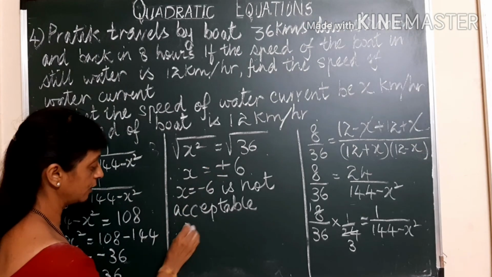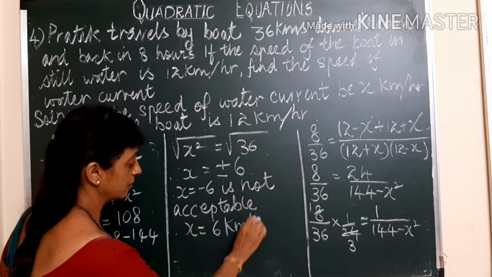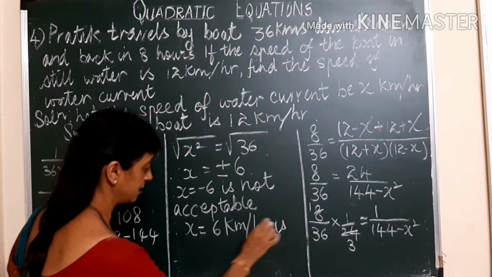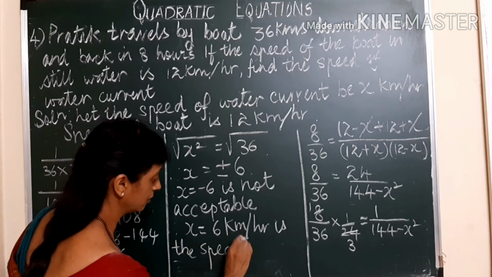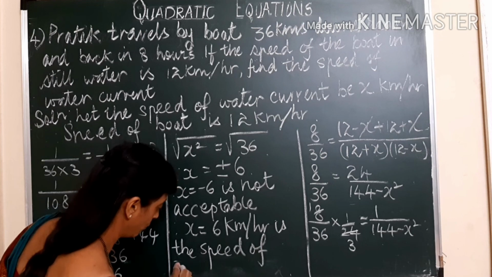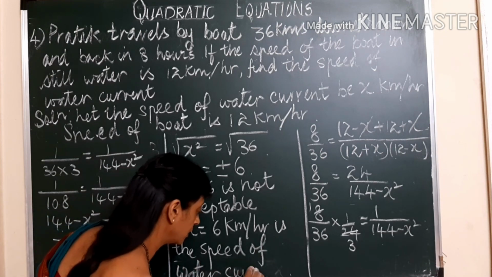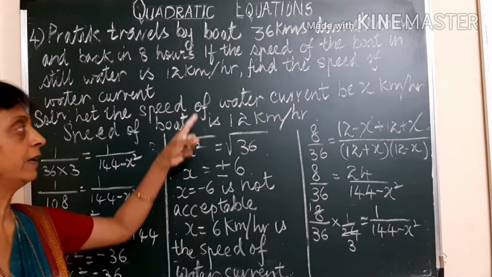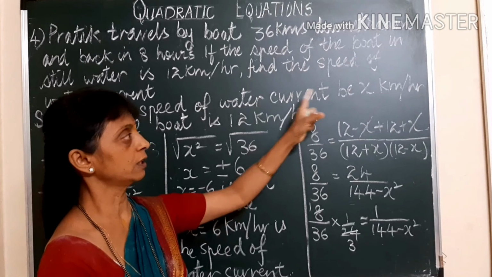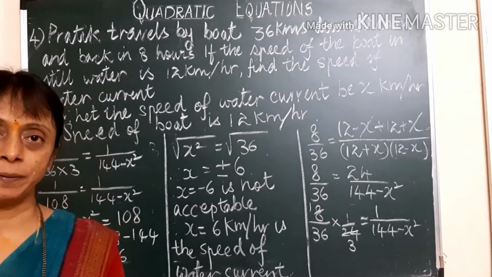Therefore, x is equal to 6 kilometers per hour is the speed of water current. So, we are done with the problem, children. We have found out the speed of the water current, which is equal to 6 kilometers per hour.